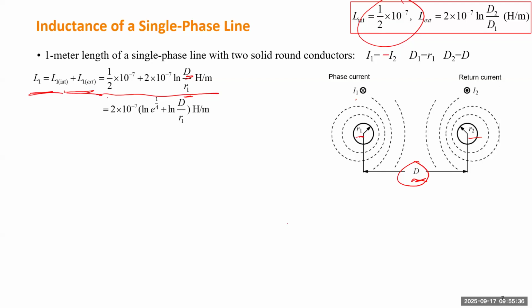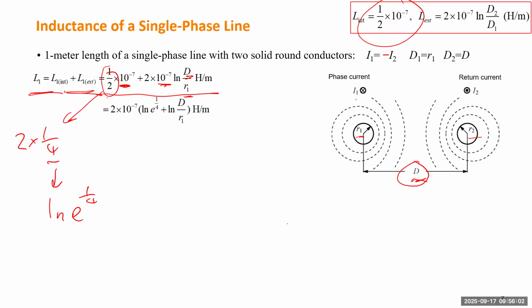So that will be the total inductance for the first conductor. Next we notice those 10 to the -7 terms are the same, so we try to merge them into a simpler formula. We change the half to 2 times a quarter. Then we change the quarter to a log of e to the power of a quarter.